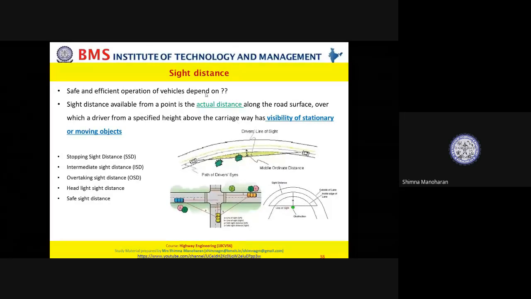That is the actual distance along the road surface over which a driver from any specified height can see, because the height of different vehicles is different, right? The two-wheeler, and in four-wheelers itself, the height of a sedan, and again in sedans, the different models. So the height of the driver also depends on the physical attributes of the driver.